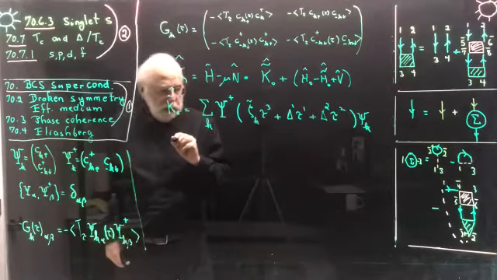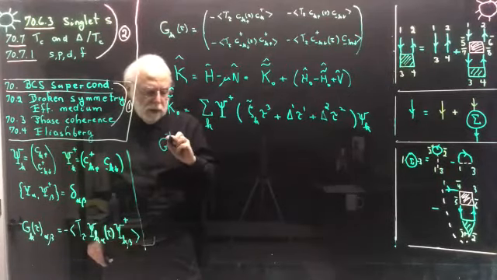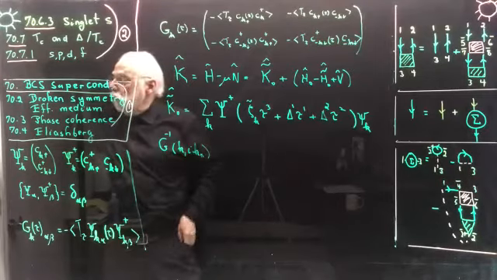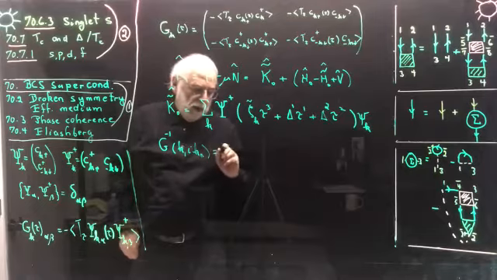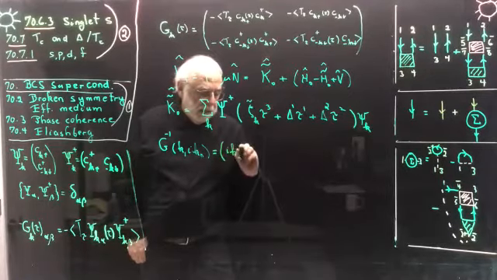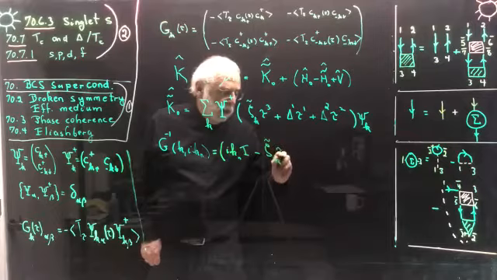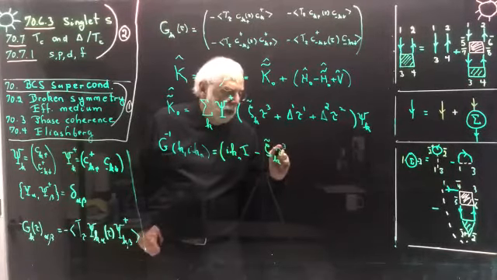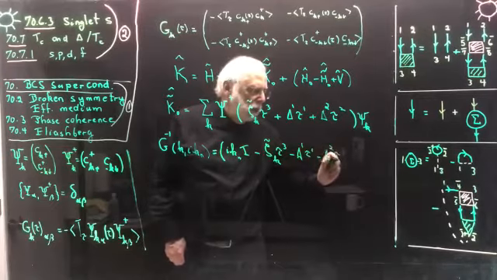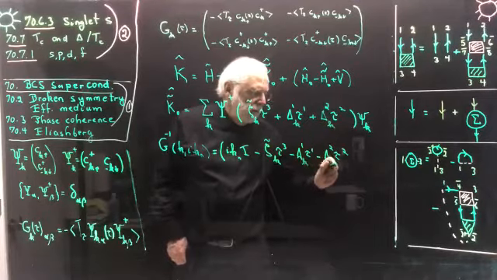The Green's function G tilde, if you want, the one that comes from K0 tilde, G minus 1 of k, i k_n, will be equal to i k_n times the identity minus zeta tilde k tau 3 minus delta 1 tau 1 minus delta 2 tau 2, and that's a function of k also. I have to be careful here.